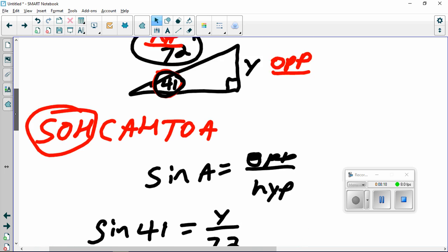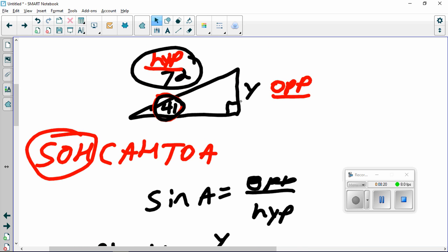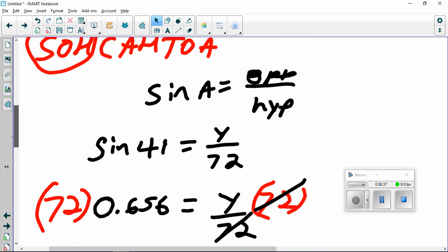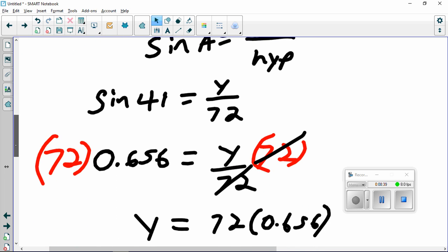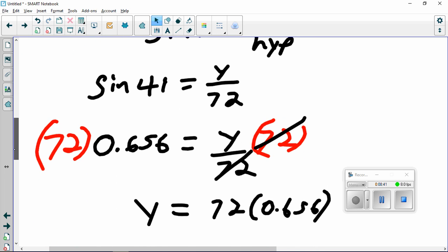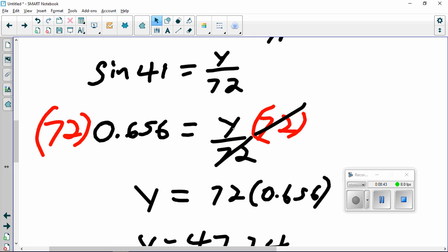So once the triangle was set up, we realized that we're looking for the opposite, and we have the hypotenuse. And opposite over hypotenuse is the sine of the angle. So we write in the formula, the sine of the angle is opposite over hypotenuse. We calculate the value of the sine of the angle, and then we isolate y, which was the opposite.